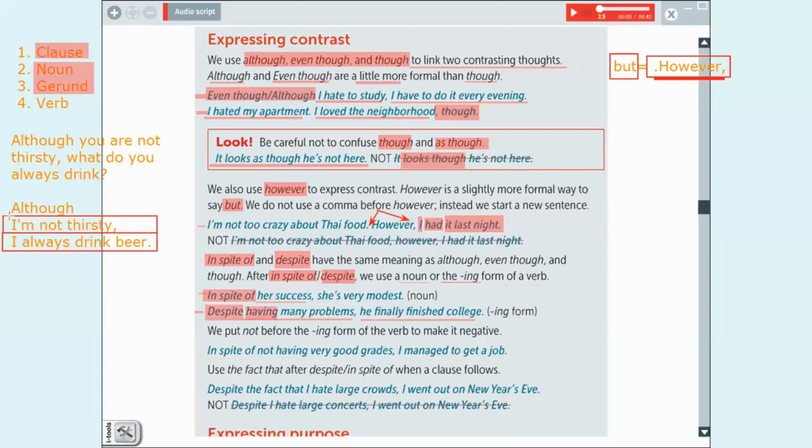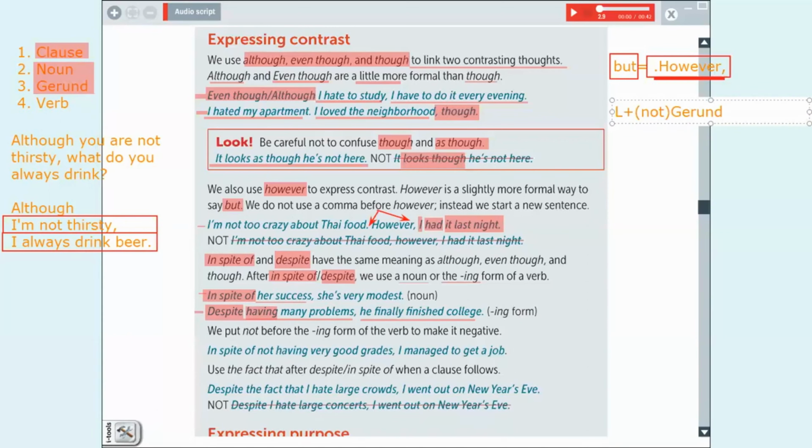So if you say, I'm not thirsty, I always drink beer, how can you rephrase this information, but now including in spite of or despite? You can use a negative gerund as well.